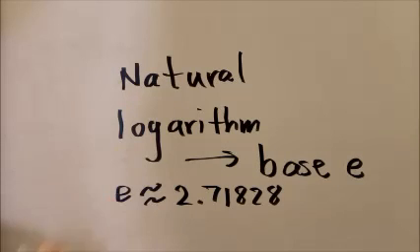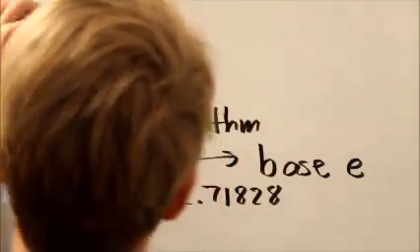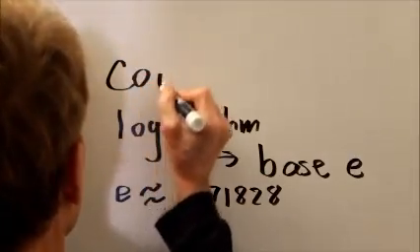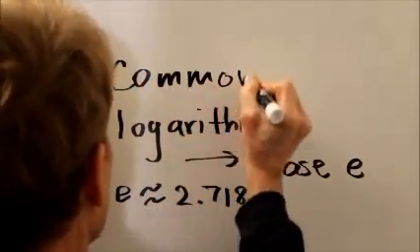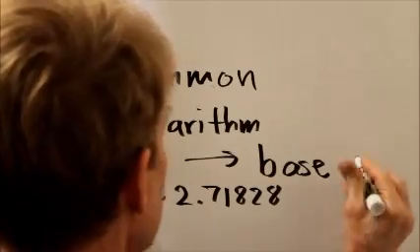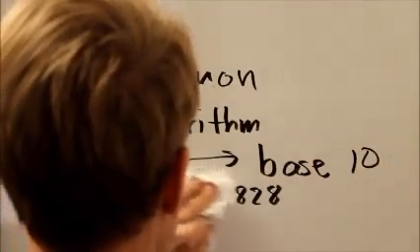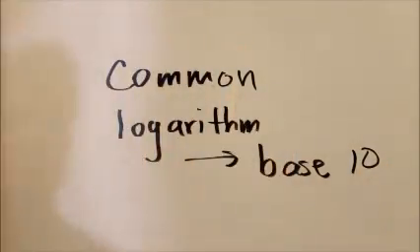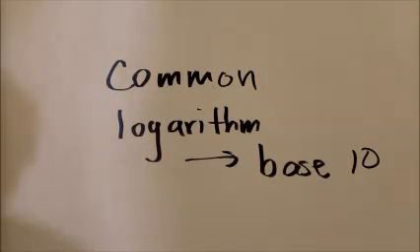Generally, you will rarely hear of logarithms to any other base besides 10 or e. If we talk about the common logarithm, again, that is the base 10. So now you know about common and natural logarithms, and that's pretty much it.